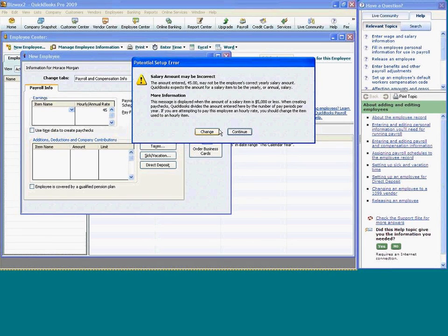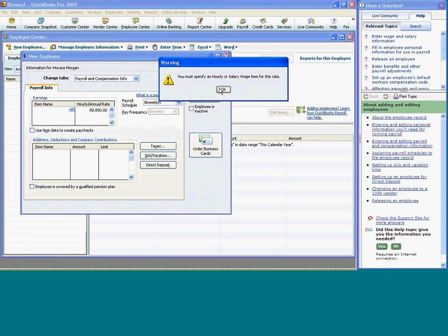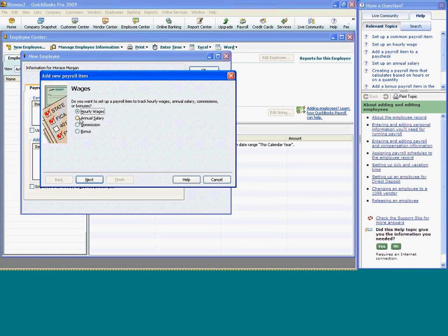No, it's the annual one, so like the annual salary will be $80,000. And so that's regular pay. Regular pay.